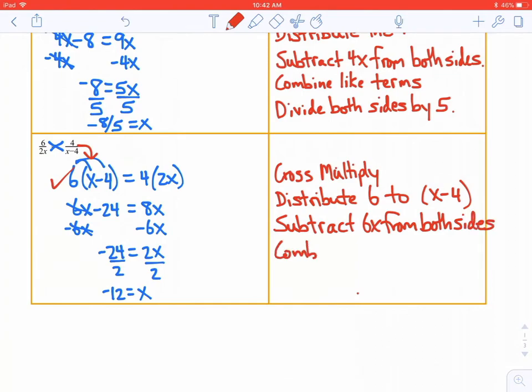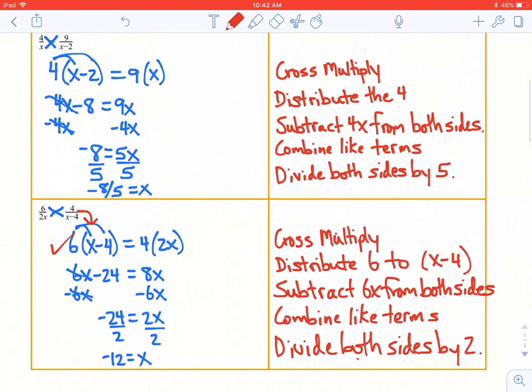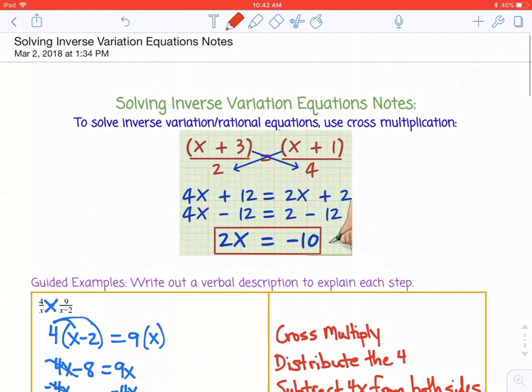We combine like terms. And then we divide both sides by 2. Okay, so that's it for the first two examples of solving inverse variation.